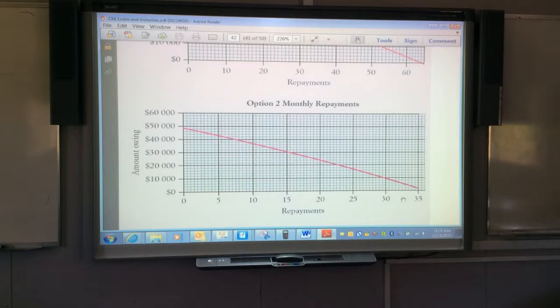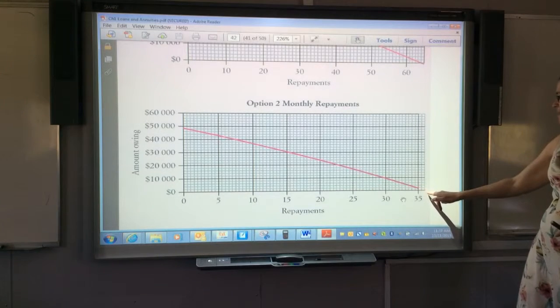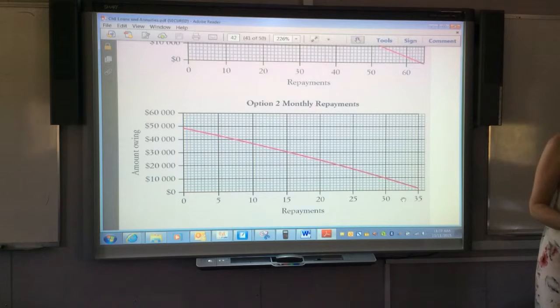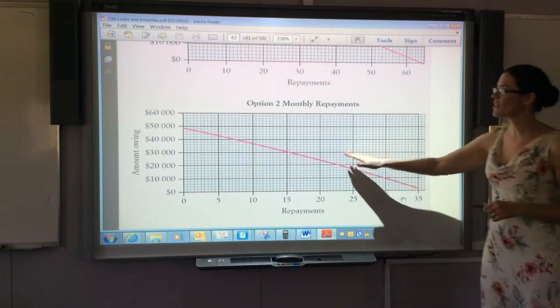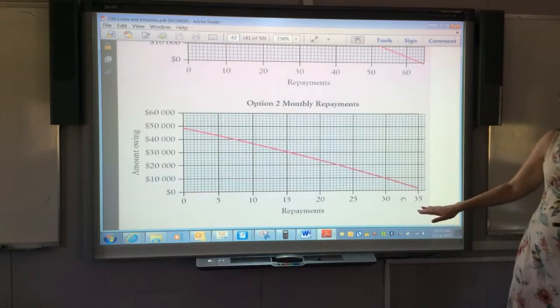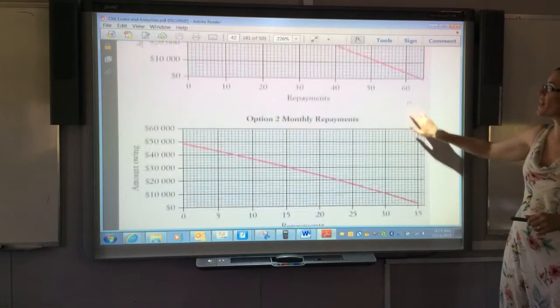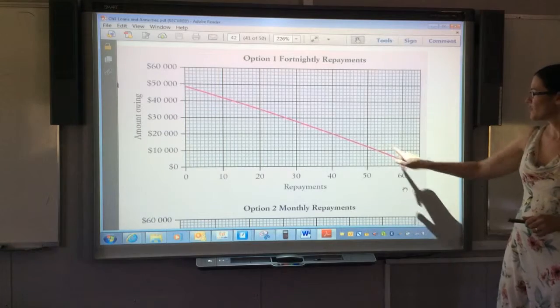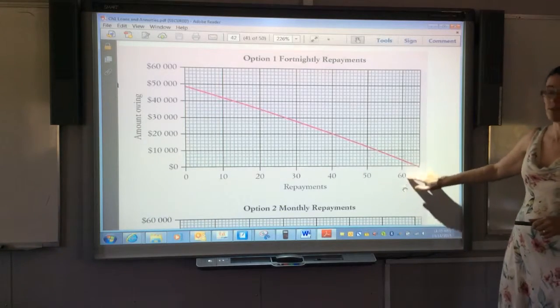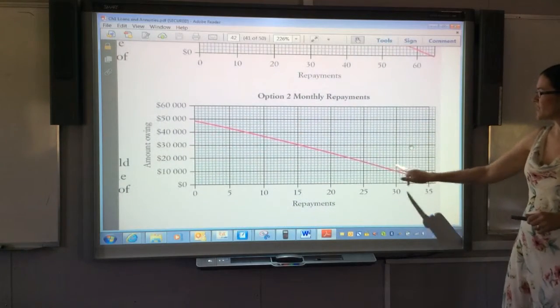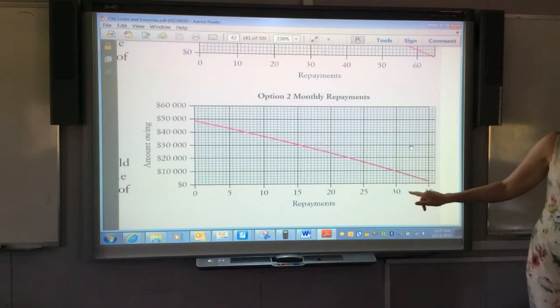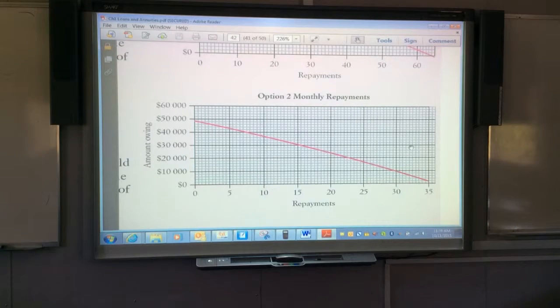Okay, looking at that, it's not quite the end of 35, so I'd say about 36 months. 36 months is how long? 3 years. So that was a lot easier to convert for that one. So we can see that paying it off fortnightly, it took less time to pay the loan off than it did paying it monthly. Okay, because there's going to be more payments in a year and you're going to cut your interest down faster.